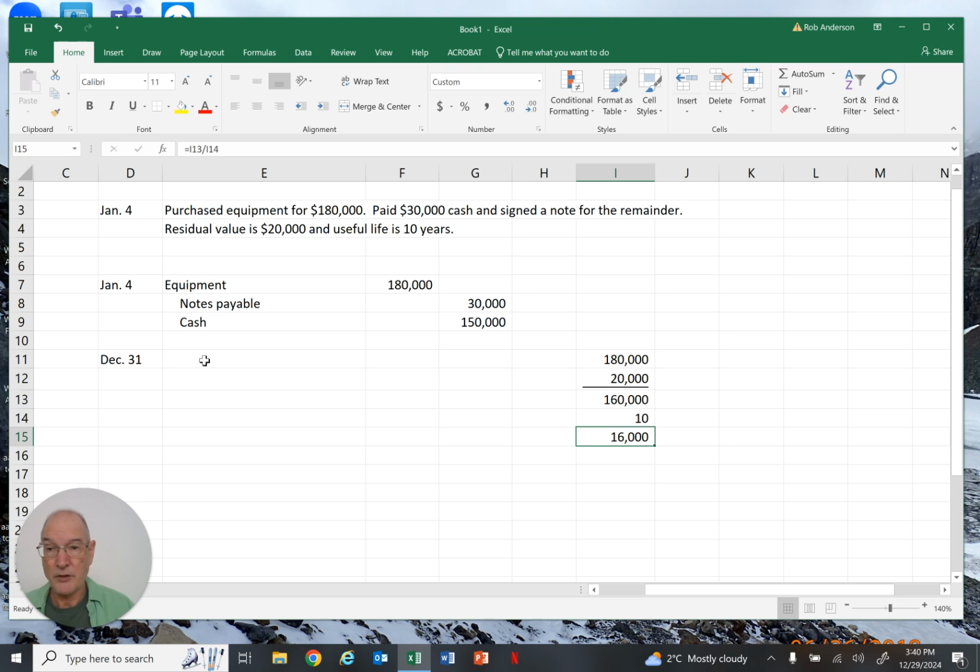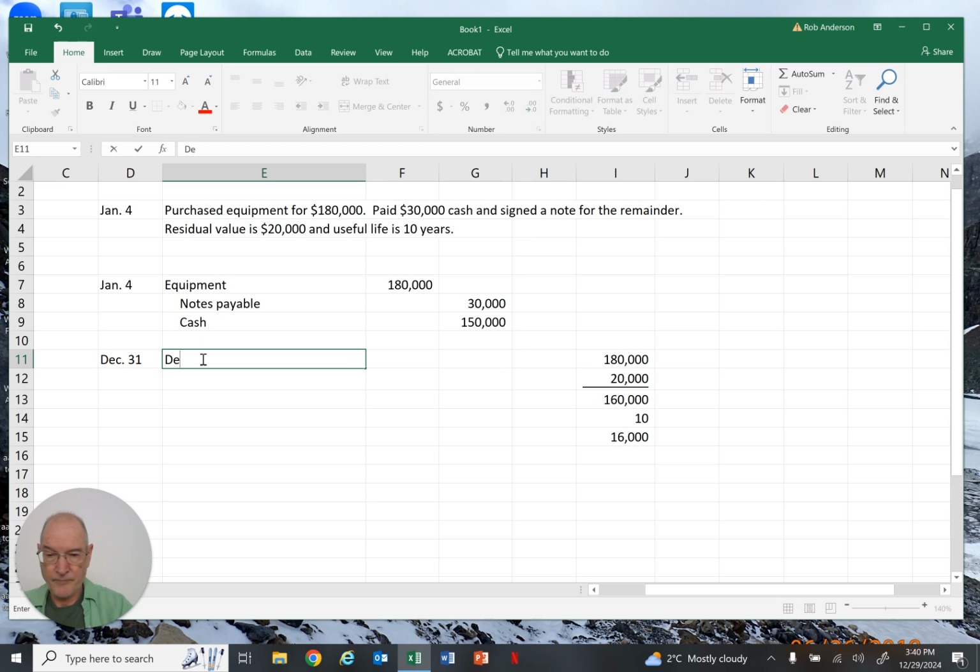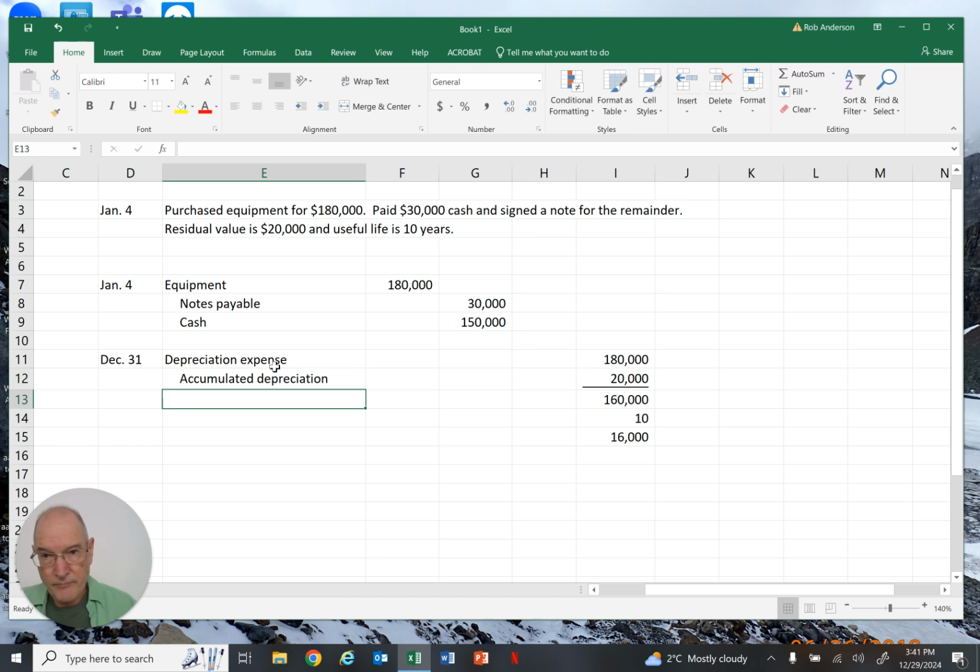So we're going to do our journal entry debiting depreciation expense and crediting accumulated depreciation. Now, it may be required of you to write depreciation expense dash equipment and accumulated depreciation dash equipment, and that's fine.